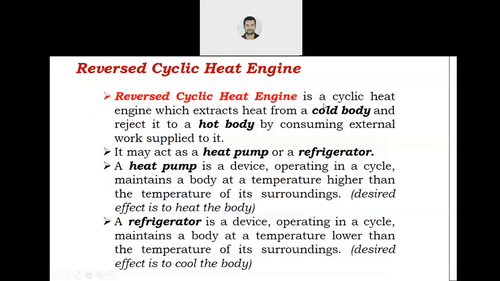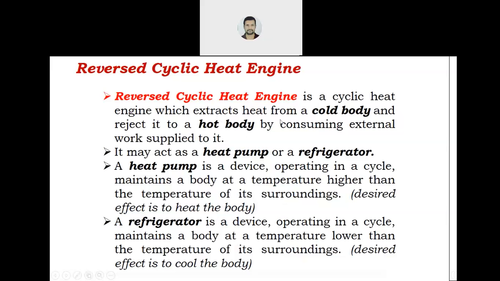What is a reverse cycle heat engine? It is a cyclic heat engine which extracts heat from a cold body and rejects it to a hot body by consuming external work. This is related to the Clausius statement.